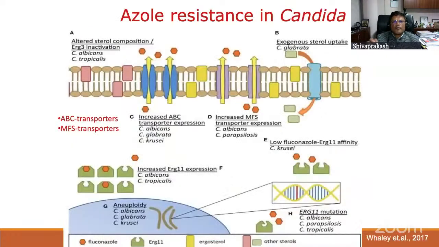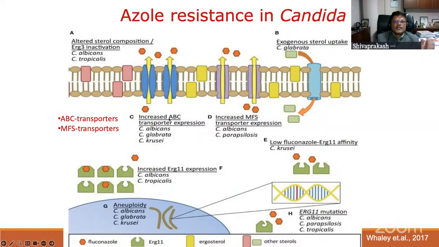Some important things: azole resistance in Candida. You can see there is an altered sterol composition, so different ergosterol content, as I was talking about, and also exogenous sterol uptake. Once the fungal efflux pumps are activated, the drug comes out of the cell, and the fungus takes up sterol from other sources.